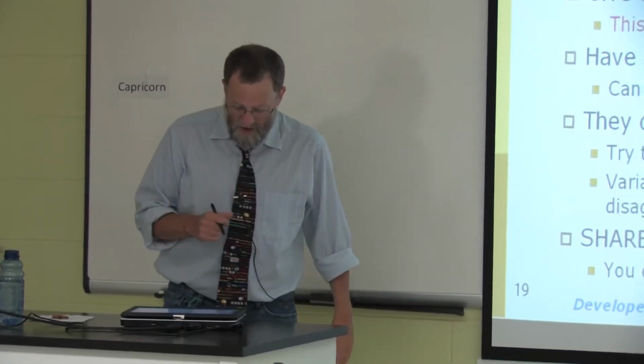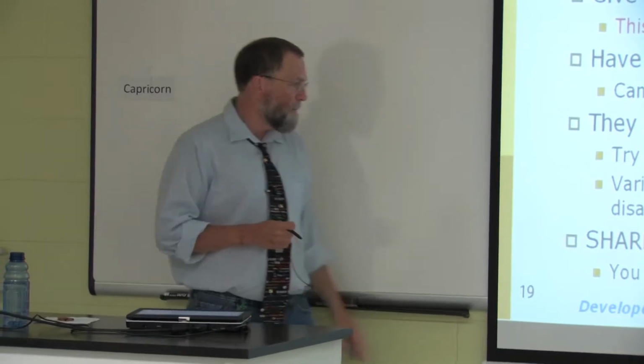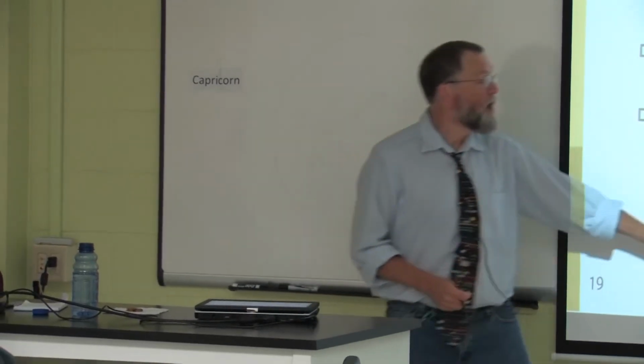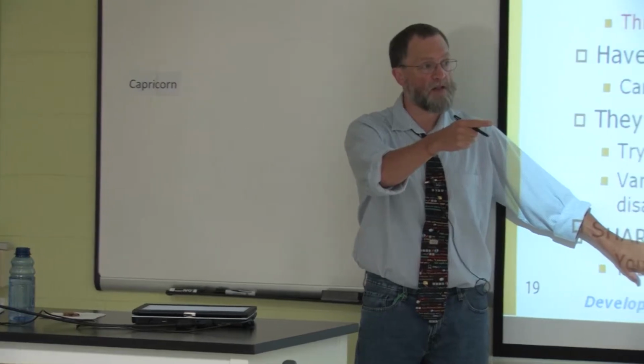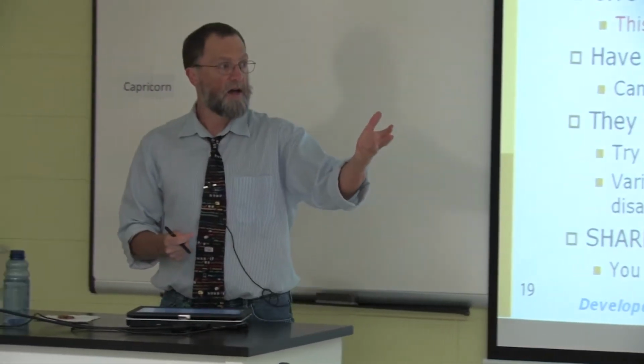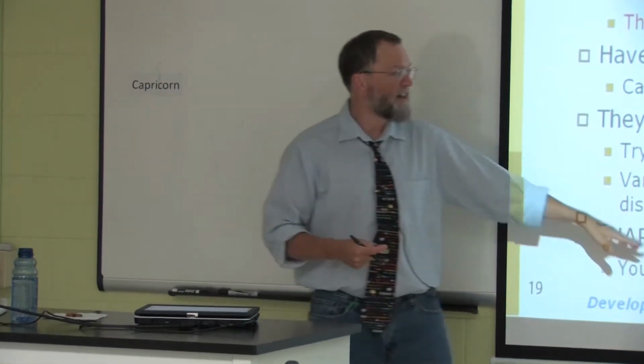And then share their answer with the class. That's where you can do the random calling to get them to pick one of the pairs. And you can even pick the pair. So if I call the name, it's okay, your pair is now on the hot seat. Either one of you could answer. And if somebody's really shy, the other person might step in and say, here, let me answer that one. So I tend to just pick the person.